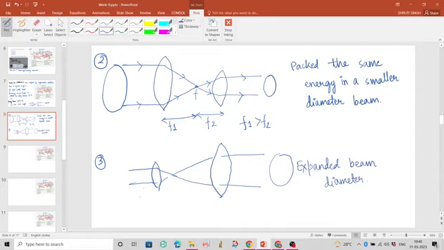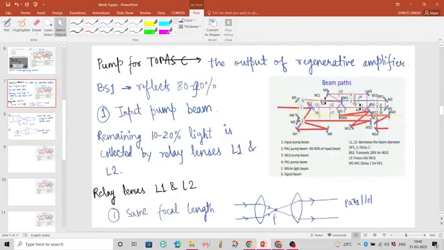So here the first one, F1, is smaller than F2. And in the earlier case, we have L1 of bigger focal length than L2. So why is this happening? Why are we using this one?